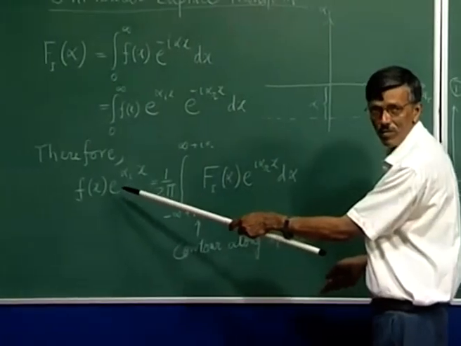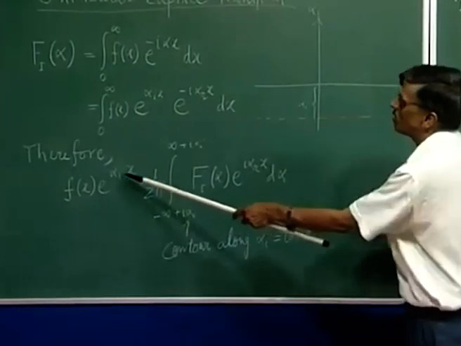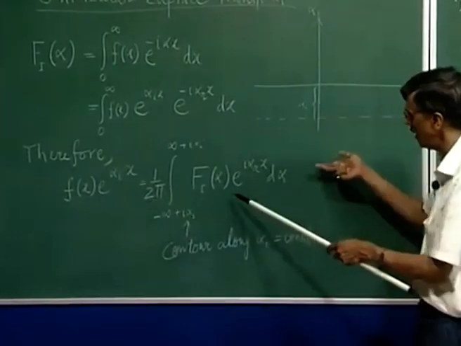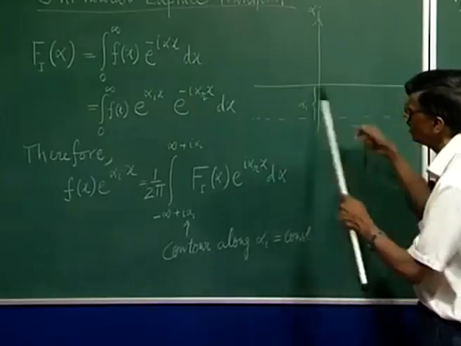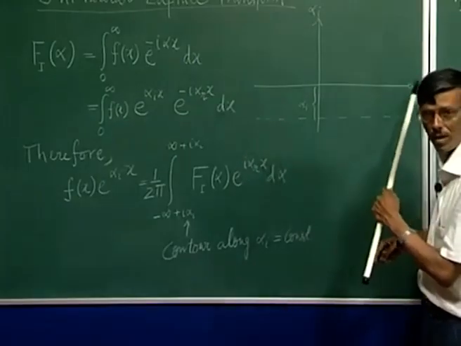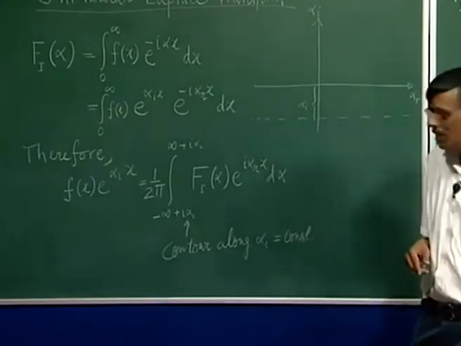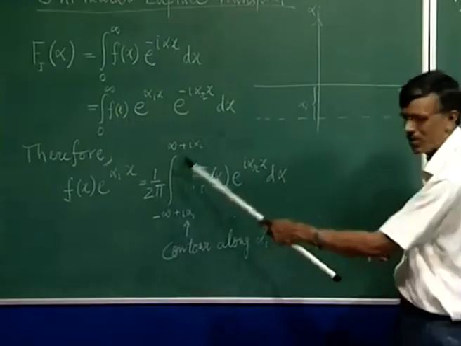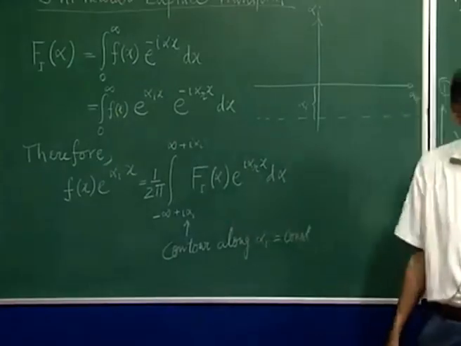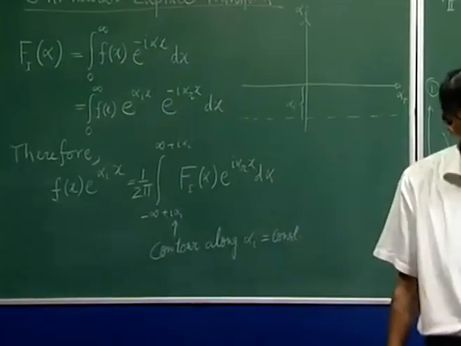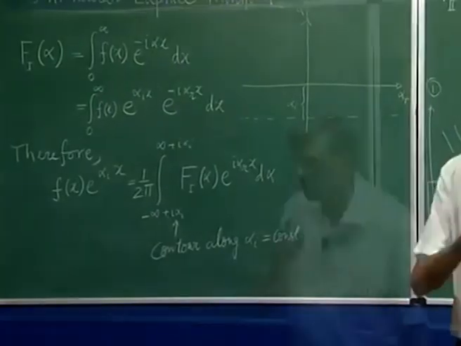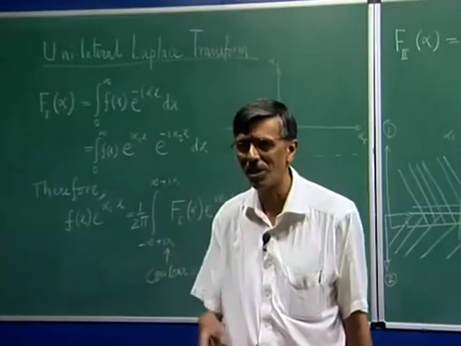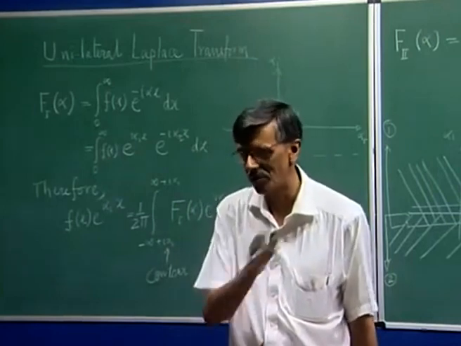Whatever the f x was, we just shifted it by e to the power alpha I x, and then we performed the integral for alpha r ranging from minus infinity to plus infinity. So, I could perform this part very easily using my FFT routines, and this is what we would be doing, because we would like to use FFT.